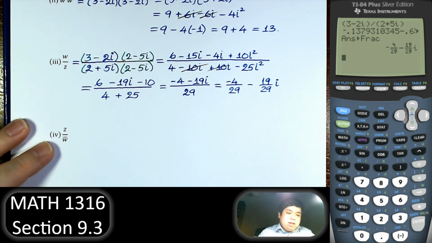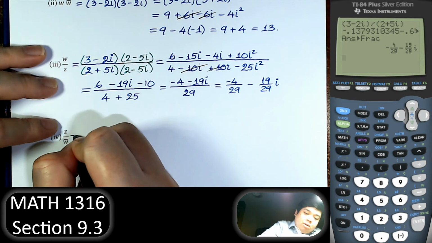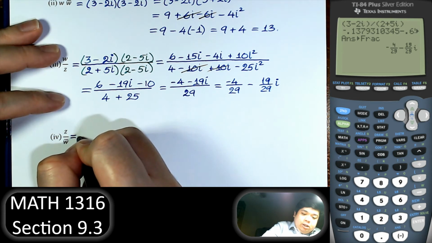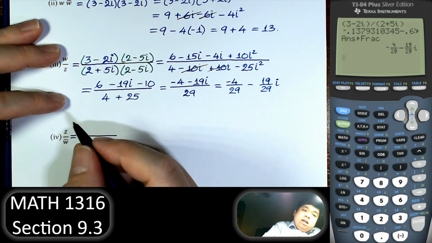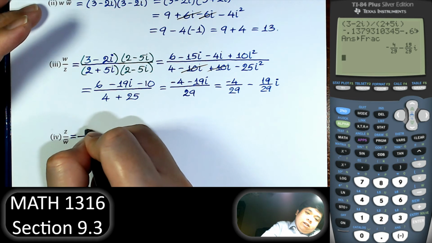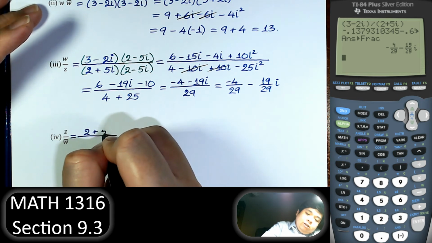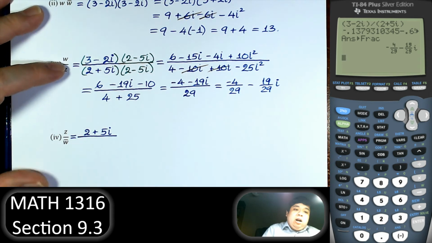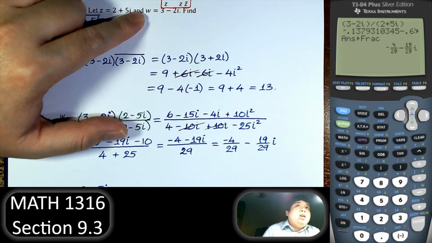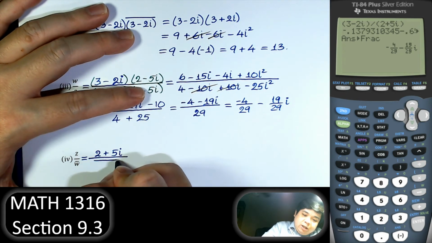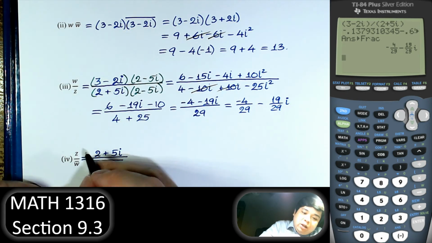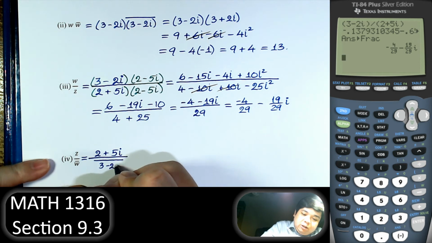Right, next, z divided by the conjugate of w. z is 2 plus 5i. The conjugate of w is the conjugate of 3 minus 2i.